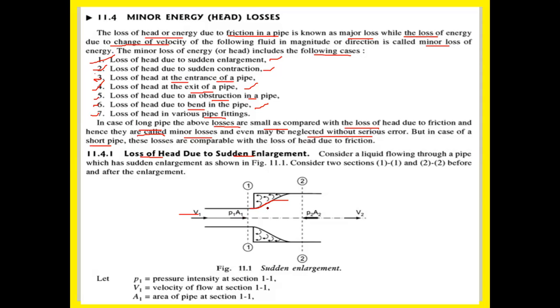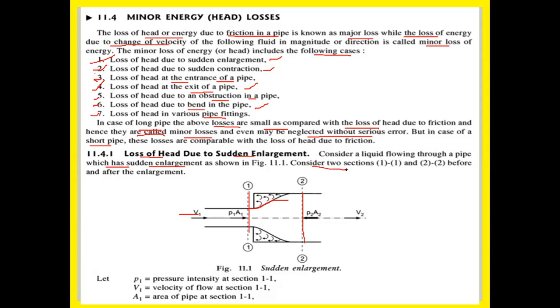Whenever it goes in this direction, we have p2, a2 and v2. We are taking the cross sections at that junction and the other junction. By taking this into consideration, we will prepare a derivation and derive the formula. So consider a liquid flowing through a pipe which has a sudden enlargement as shown.